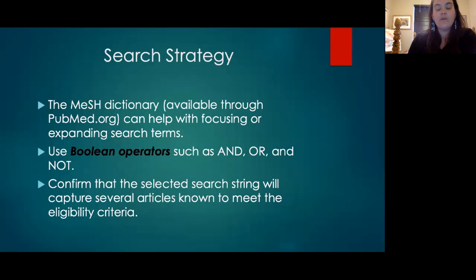And you confirm that the selected search string will capture several articles that will meet the eligibility criteria. It is so important, if you decide to do a systematic review at any point, to consult a librarian or someone who is an expert in systematic reviews, because it is so important to gather that information appropriately and make sure you compile the right type of literature you're looking for.